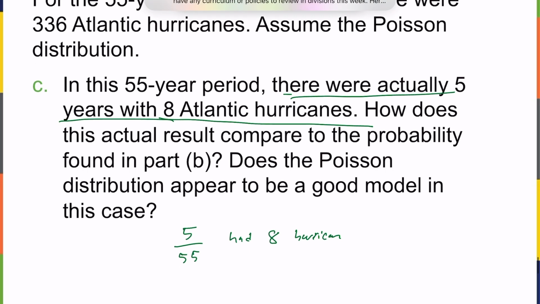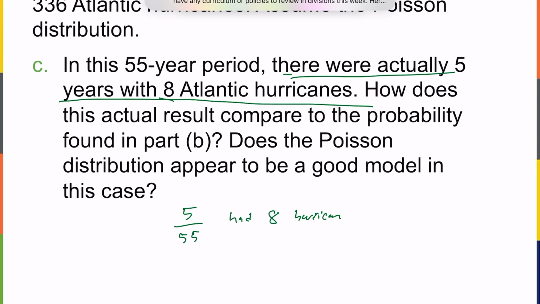And so the probability of 8 can be approximated empirically, because we count the number of times it occurred. How many times were there 8? There were 5 out of 55. Now, that probability is 0.0909.